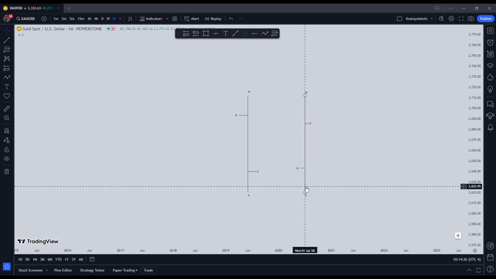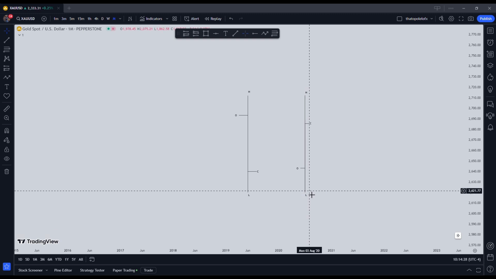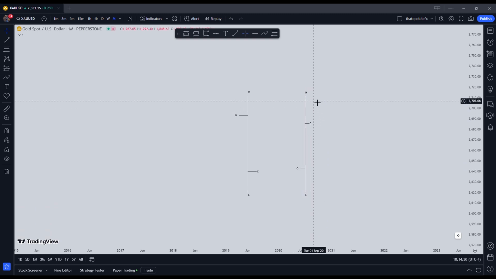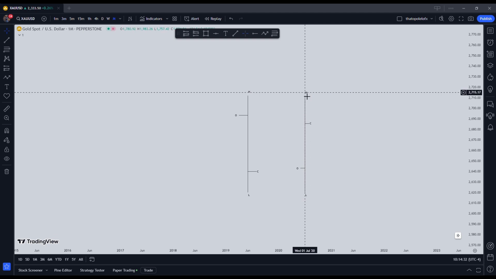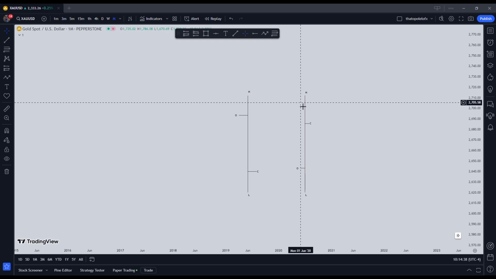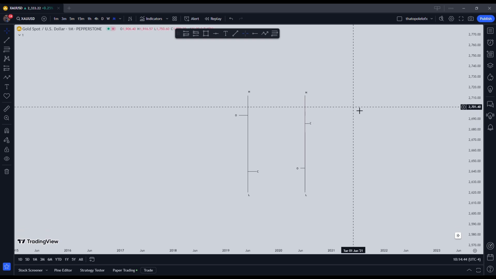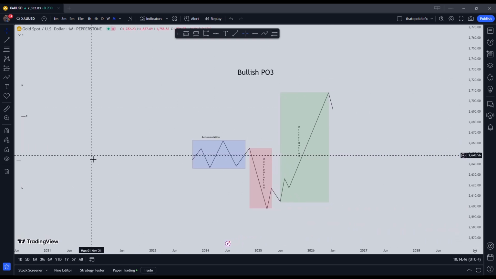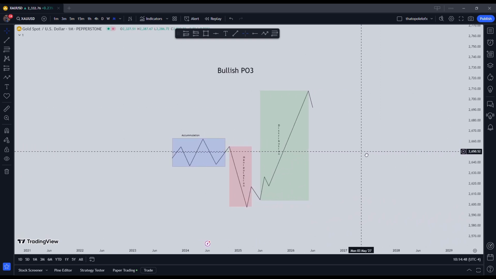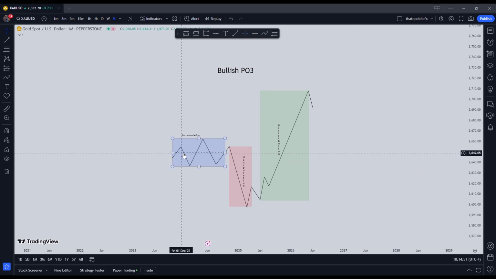Once a low is caused, we expect to see an expansion higher, creating a high, and then a close, which we expect to be lower than its high, if it's a bullish candle, right?